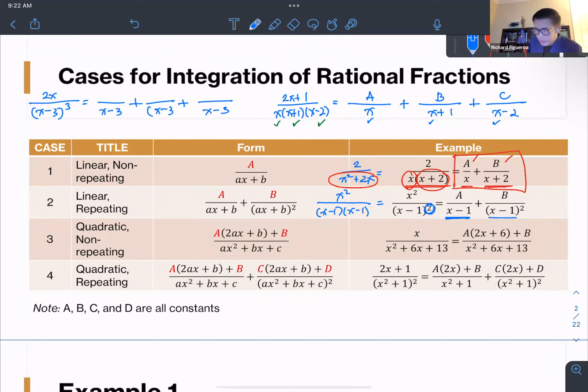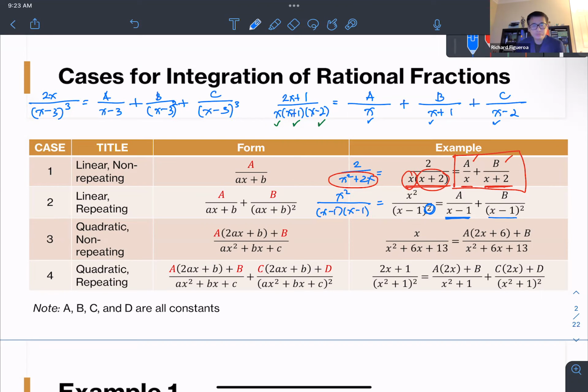So the first one is raised to 1, the second is raised to 2, the third one is raised to 3. But x minus 3 is still linear, so the numerator would be A, B, and then C. Okay, so that is for case 1 and case 2. Both are linear. Case 1 is non-repeating, case 2 is repeating.